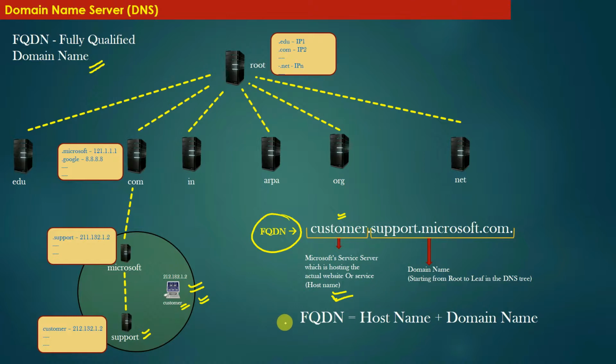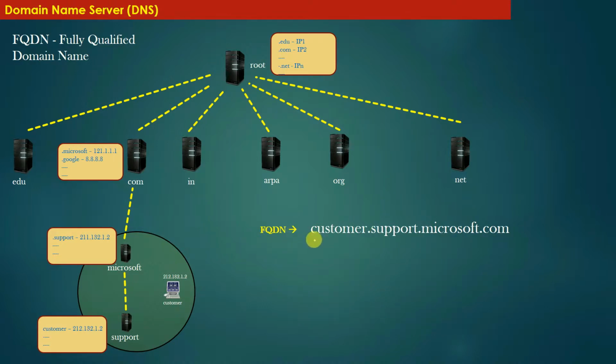So the fully qualified domain name is the host name plus the domain name. Thus, concluding, it is a unique identity of some physical server. In this case, customer.support.microsoft.com uniquely identifies this physical server which is running somewhere in the network.